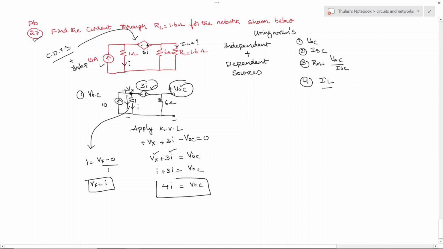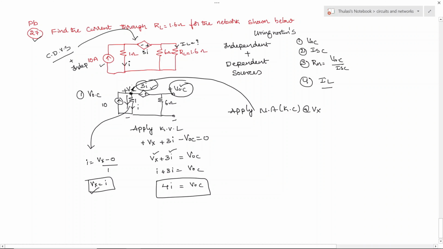So again we need to find out the value of I. So if you want to find the value of I, we need to find out the value of Vx. Okay, how to find out the value of Vx is, let's apply nodal analysis at this point, nothing but KCL at node Vx. Okay, so that's why these problems are a little bit tough, and definitely you'll get this problem in the competitive exam.